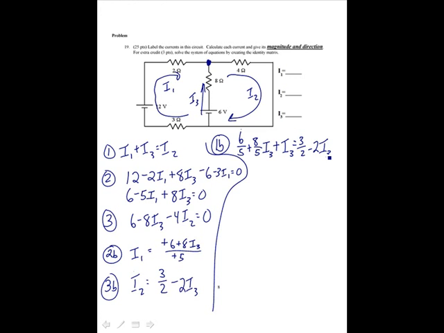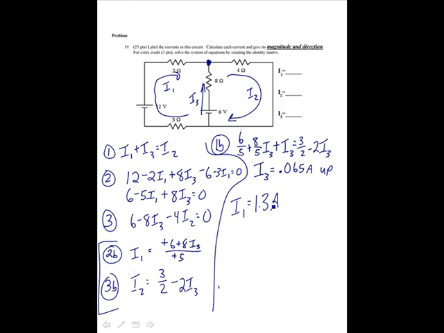And then if I solve this for I3, I'm going to leave the algebra for you, but I find that I3 is equal to 0.065 amps. Notice that it's positive. That means that I chose my direction correctly, so it's up. And then I just plug that value in to these equations for I1. And from equation 2b, I get that I1 is equal to 1.3 amps.